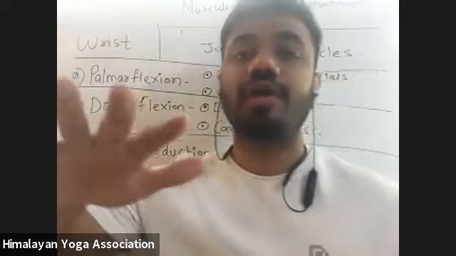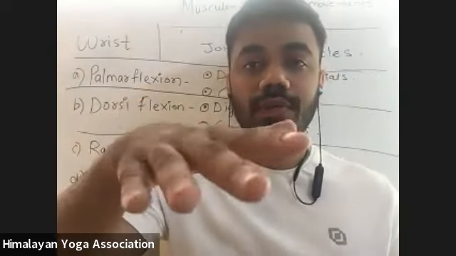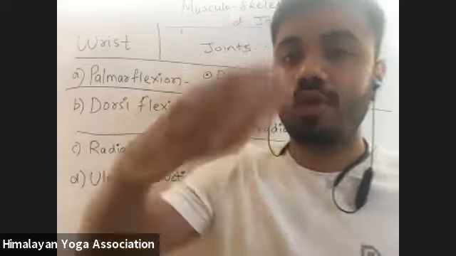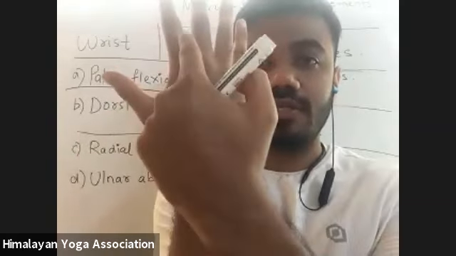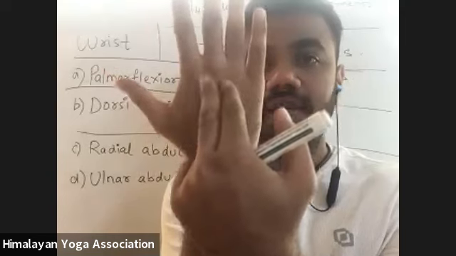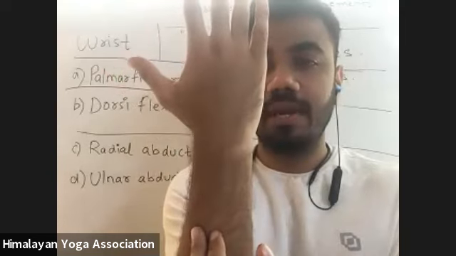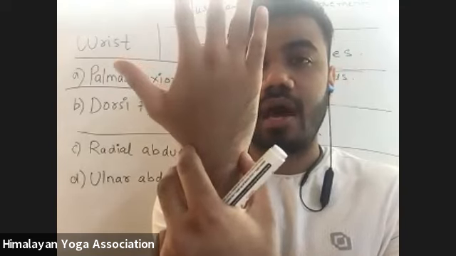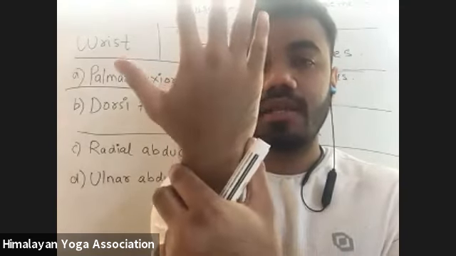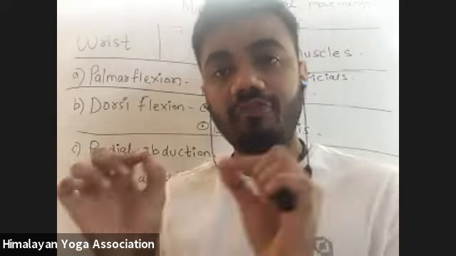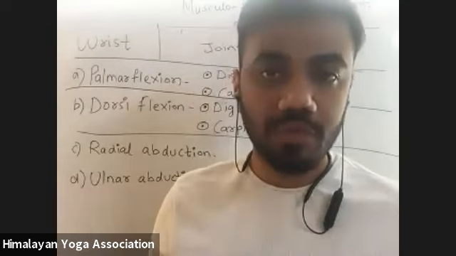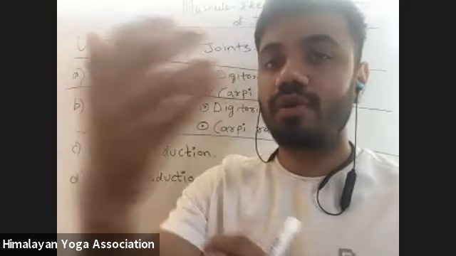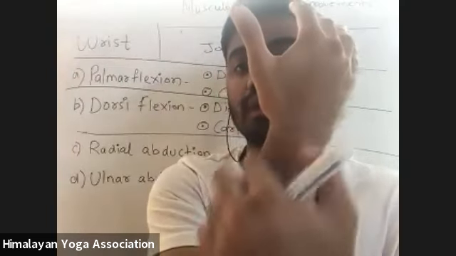See, if this is your arm, this is your midline, with your fingers at the middle section. If you move your hand away from this midline, away from the midline means abduction movement. So we have radial abduction. Where is your radial bone? Towards the thumb side.